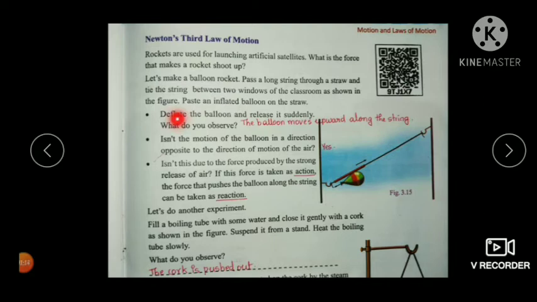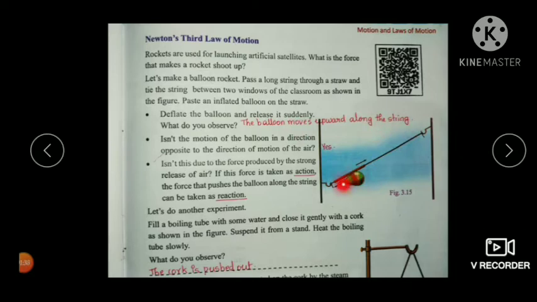Make the arrangement as shown in the figure. First question: deflate the balloon and release it suddenly. What do you observe? If you open this balloon, the air inside will go out, and as the air goes out, the balloon starts to move upward along the string.